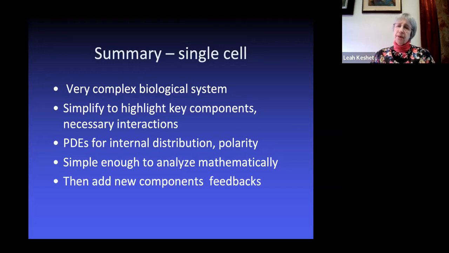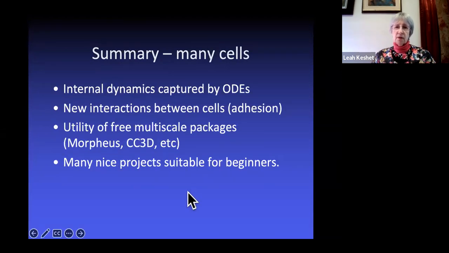And that tiny 2 PDE model was simple enough to analyze mathematically. I didn't talk about that analysis here, but we've written papers on it. And then gradually we've been adding components one at a time to see how they work together to find some of the dynamic patterns occurring in cells, including actin waves.